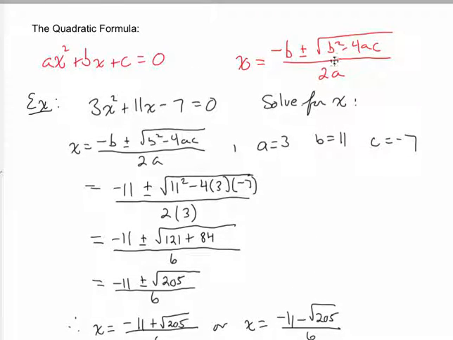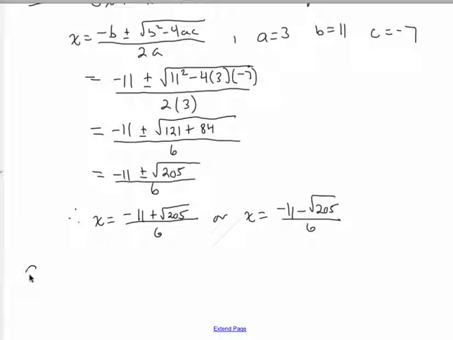Now, things to remember: the formula itself. You need to make sure that you have identified your a, b's, and c's properly. So if, let's say, I gave you an equation that was 7 minus 11x squared is equal to 3x, what you need to do is rearrange this so that you have your ax squared plus bx plus c equals 0.